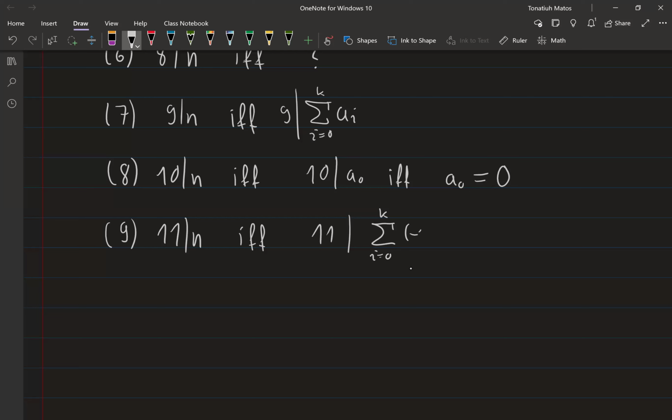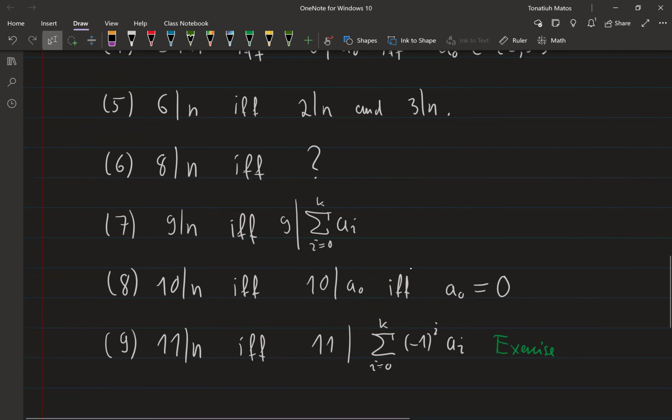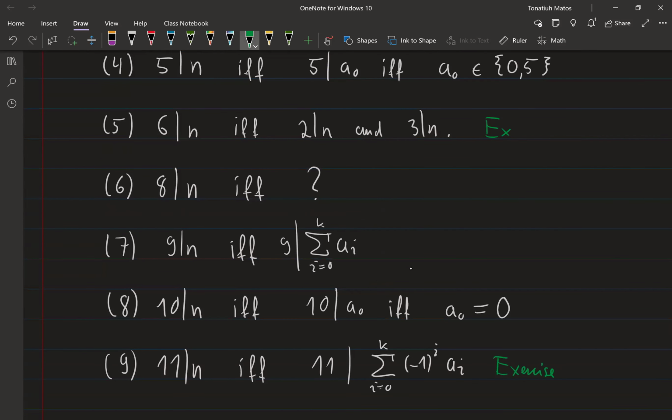So here you have to alternate. You cannot just add up the digits. Sorry, it's an i. You have to alternate the signs of the digits, which is just as easy as adding them up, right? So I suggest you do this one as an exercise.